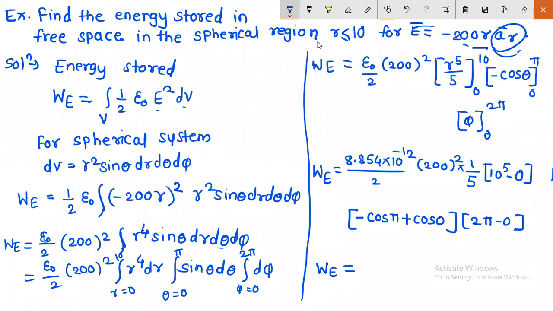Once you know the formulae, you can easily solve the examples.